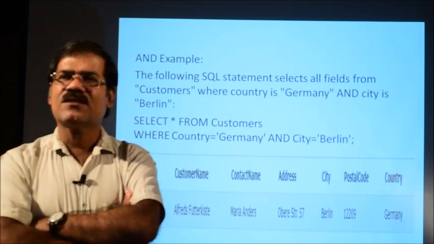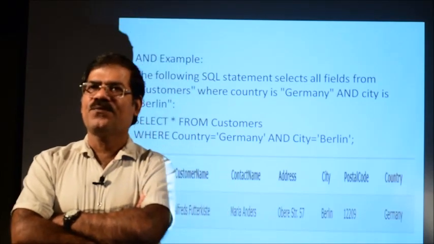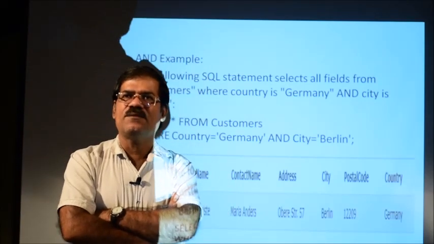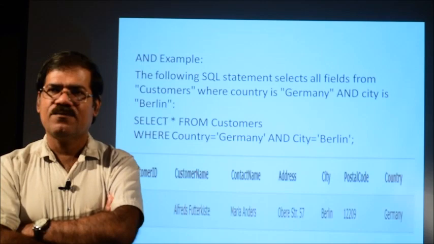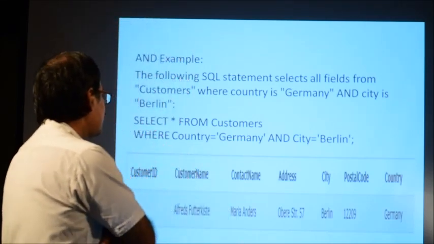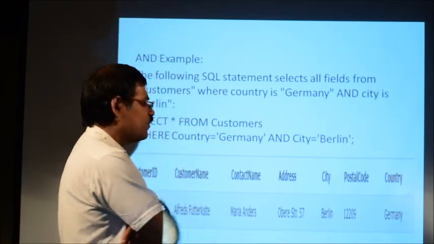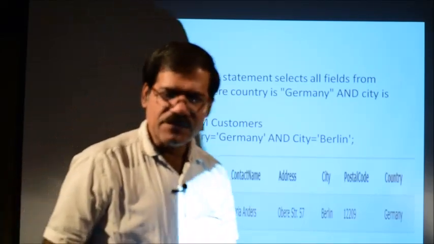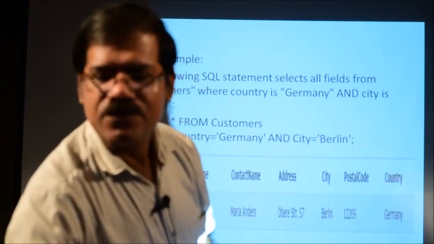Only one customer in the table has country Germany and city Berlin, so only one record is selected and displayed on your computer screen. That means both must be true.